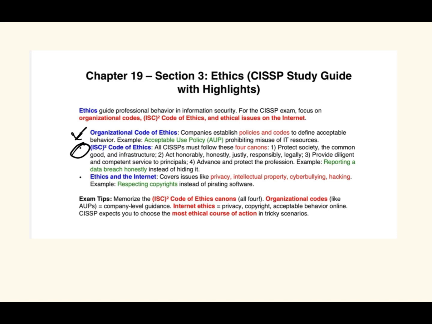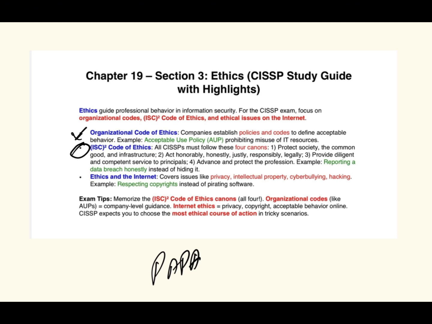That is the exam tip. Another important point I would like to highlight: if they ask which one is least important, I think this sequence we need to keep in mind. One is protect society. Second is act honorably, honestly, justly, responsibly, and legally. Provide diligent is the third one, and the least important is advance. All are important, but there could be a tricky question about which is the least important. So then we need to keep in mind this PAPA.